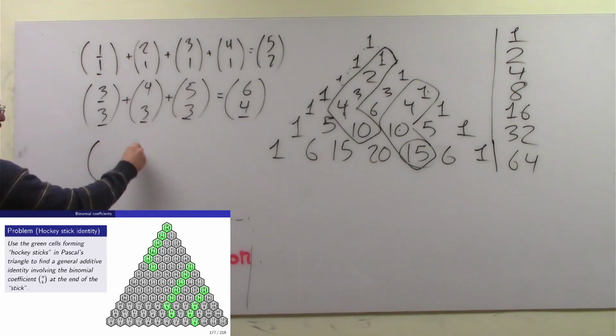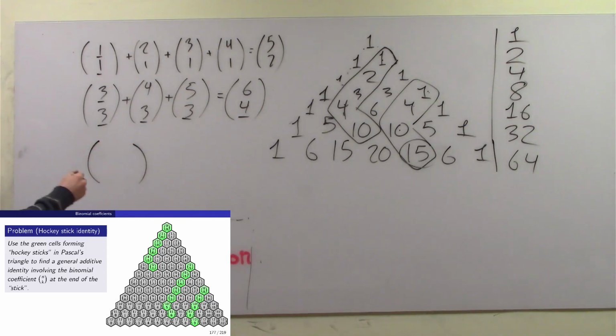Let's write that down like so. We're gonna write this as a sum, and we're gonna start at 0 because that's how we like to do things. Let's try it out though.